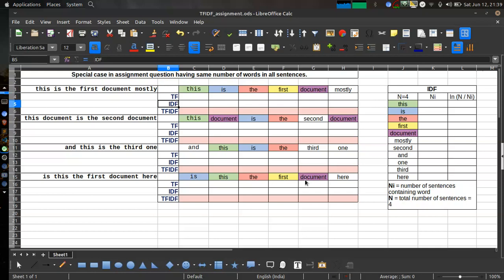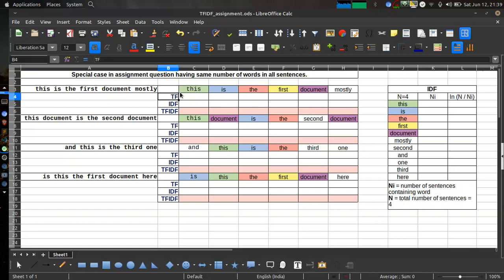So how do we calculate TF? You want to calculate the frequency of a term in the sentence. TF is for a given sentence only, and IDF is for all sentences.